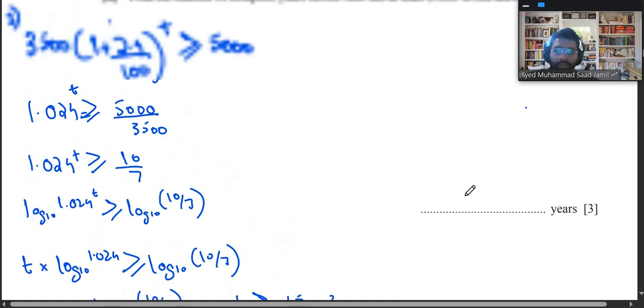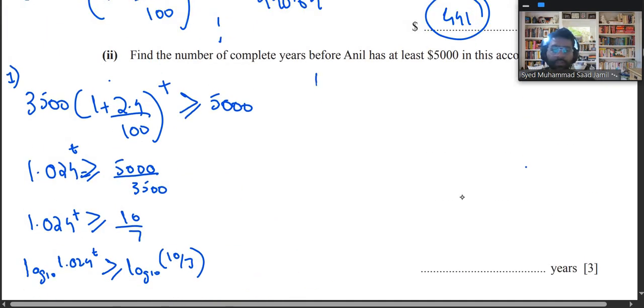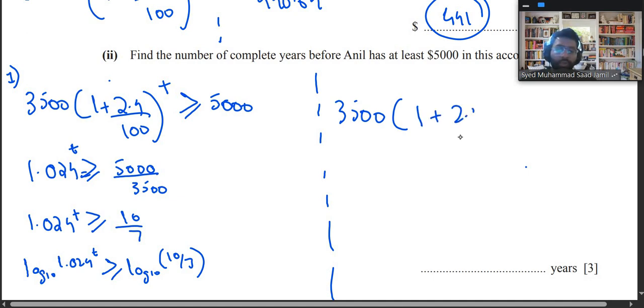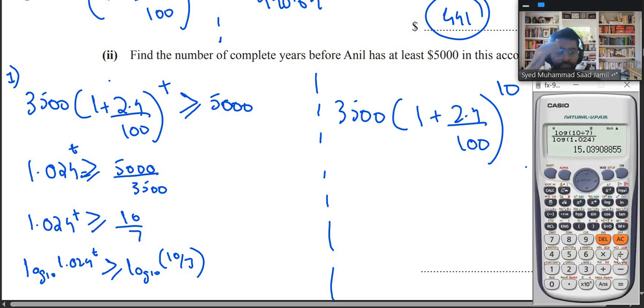Alright. Now the other way to do is just plug in numbers. For example, 3500 multiplied by 1 plus 2.4 upon 100. Over here, instead of t, just write 10. So if I do this, 3500 multiplied by 1 plus 2.4 upon 100 raised to power, let's say 10.